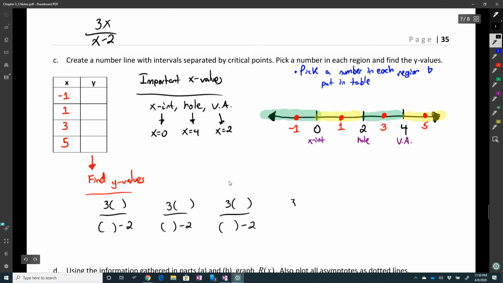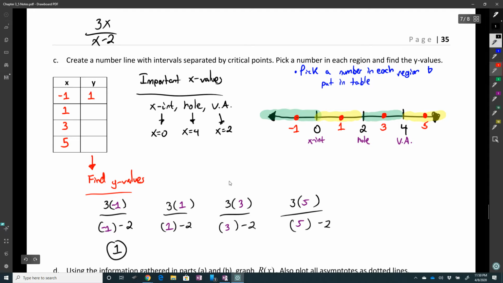If you had a calculator, you could just type it in your calculator. And so my numbers are -1, 1, 3, and 5. So this is -3 over -3, which gives me 1. So that's going to be the answer over here.